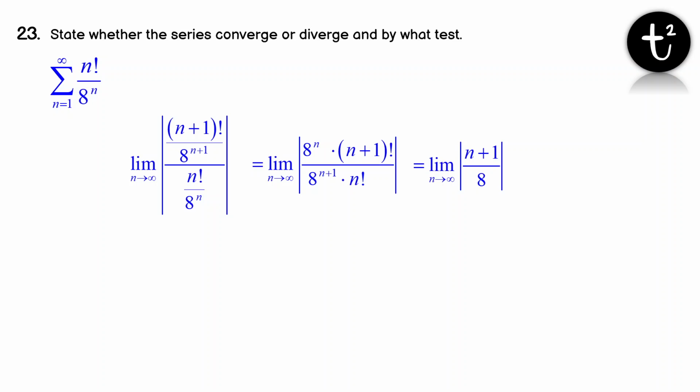And n plus 1 factorial divided by n factorial, after cancellation, we have simply an n plus 1 in the numerator. So now if we take this limit, it is equal to infinity, and so by the ratio test, this series will diverge, as our limit is strictly greater than 1.